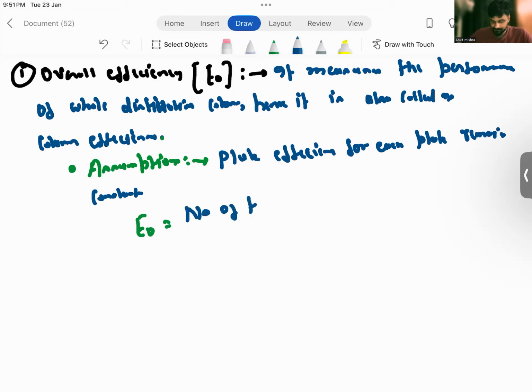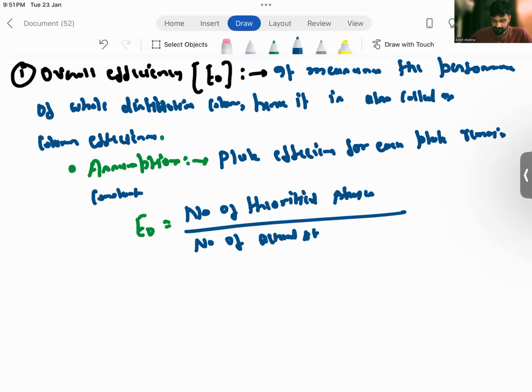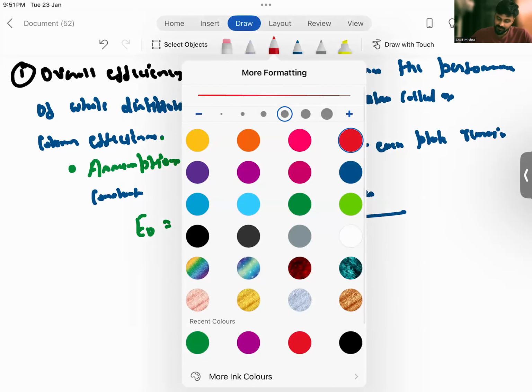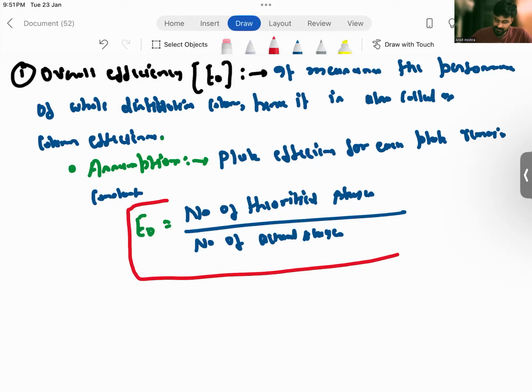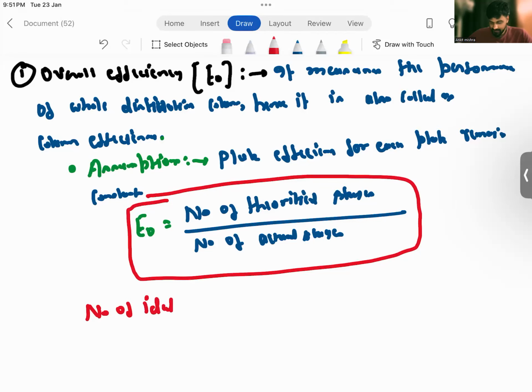So the efficiency equals the number of theoretical stages divided by the number of actual stages, right? For the overall or column efficiency of a distillation column, the number of ideal or theoretical stages you can calculate by using the Murphree diagram.